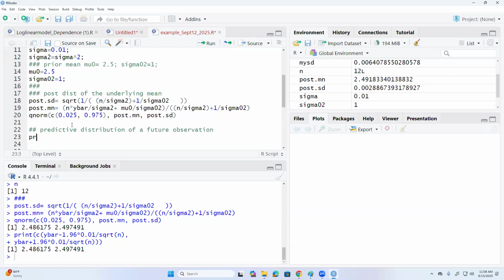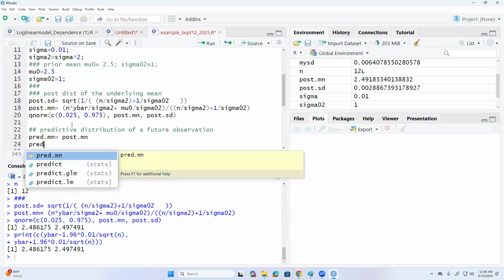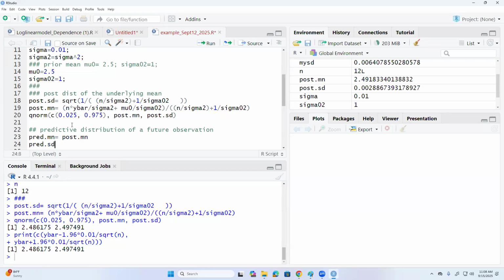So predictive mean will be same as the posterior mean, and predictive distribution standard deviation will be posterior standard deviation square plus the original data variance, sigma square, which is 0.01 square, right?